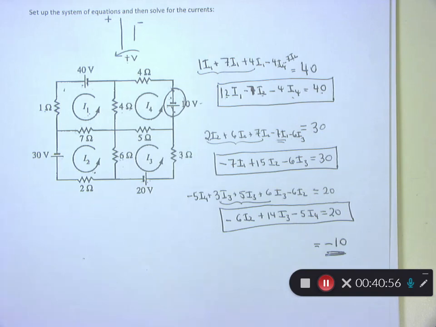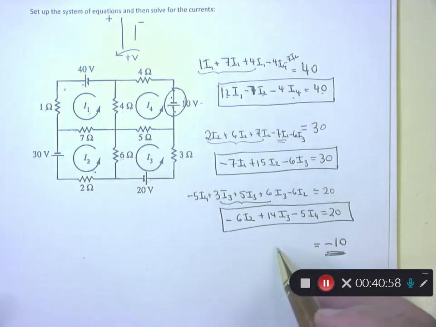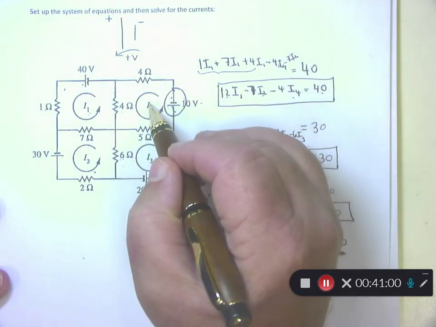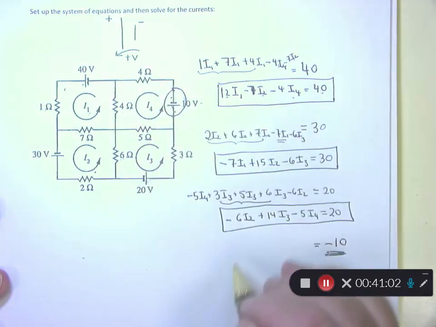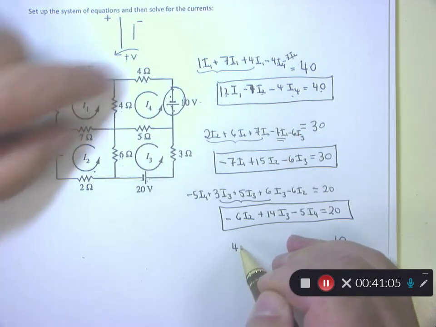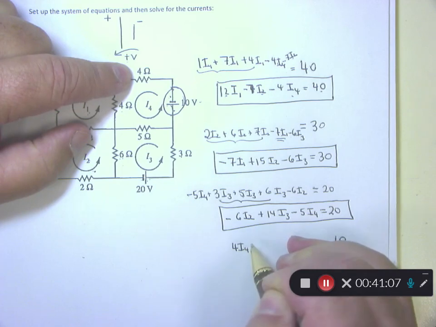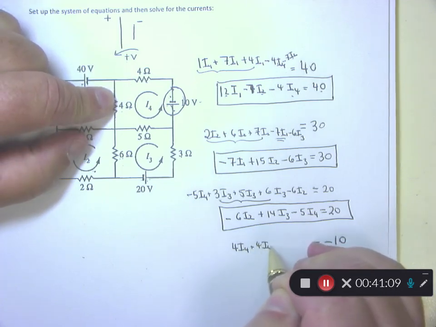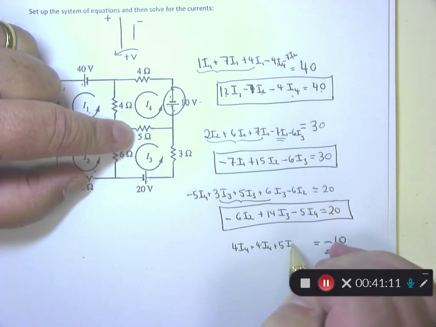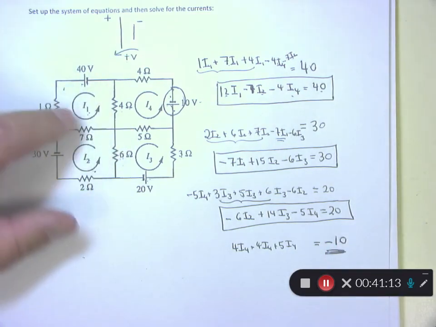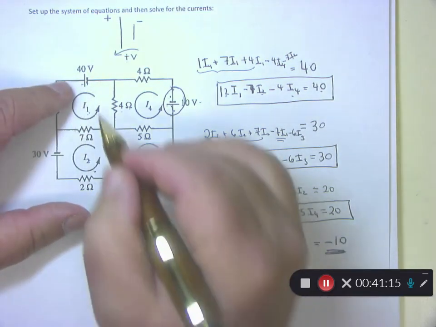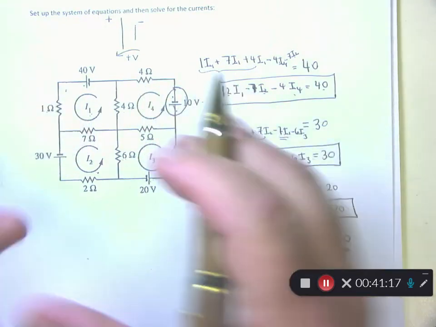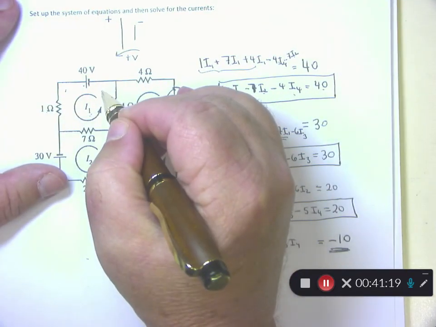Because that's what happened, because when I come over here, now let's talk about the current. So on this one, I got I4 going across the 4 ohm resistor, 4 I4 plus another 4 I4 plus a 5 I4. But we got this current going from these other sides, and you notice those currents and how we set up our circuits here are flowing in the opposite direction.